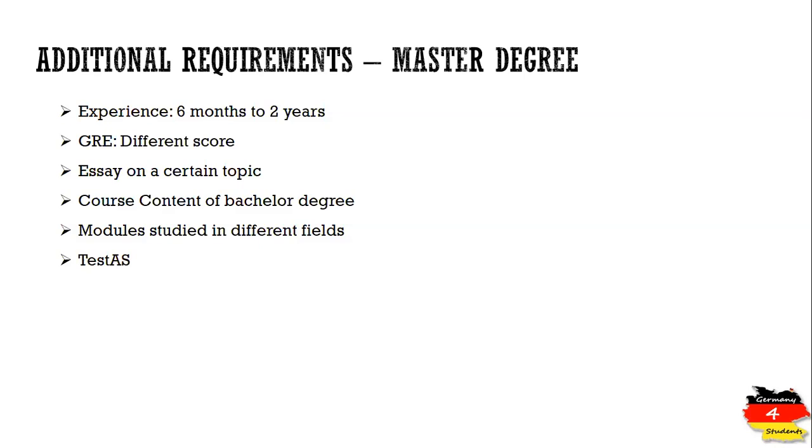Modules studied in different fields. Esslingen is again one example that is asking for modules that you have studied regarding CAD, computer-aided design, for example, material science, or the different subjects you have studied during your bachelor degree.